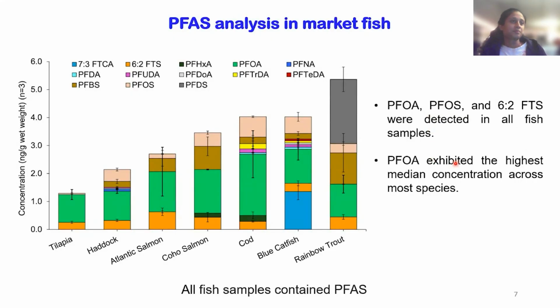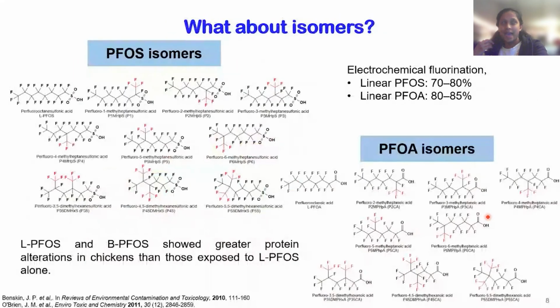So then, one of the other known things is they have isomers. It's new to the field, but it is now an emerging field in research where PFOS and PFOA are known to have isomers because of their production method. They are produced through electrochemical fluorination, which leads to linear and branched, where linear is the highest, of course, but branched as side products.